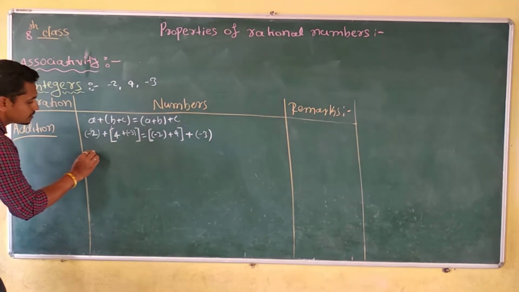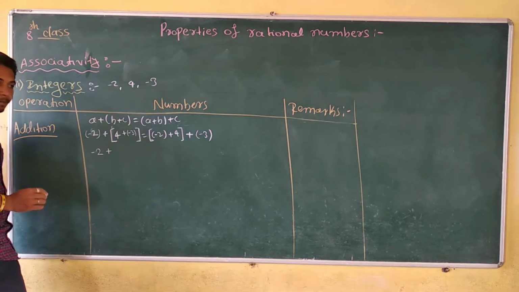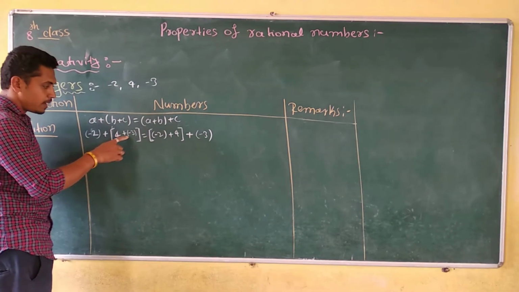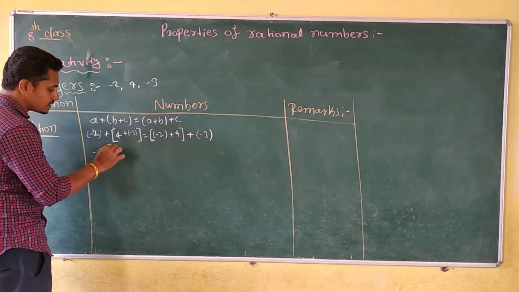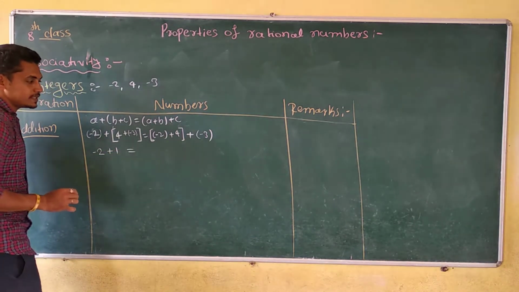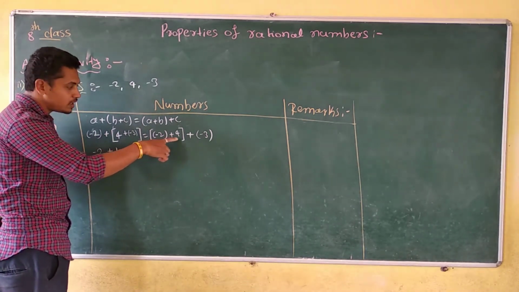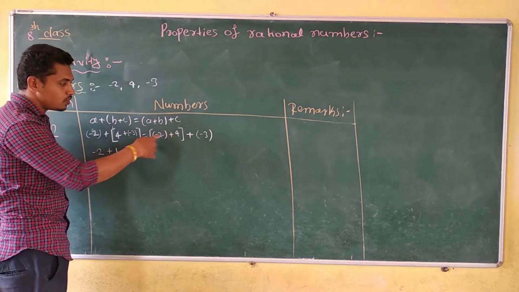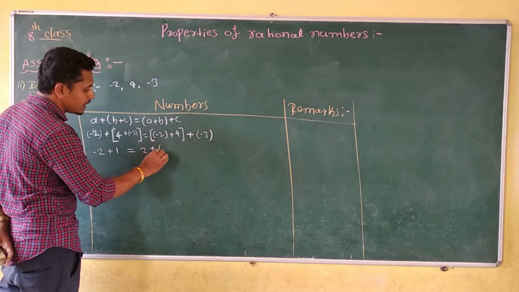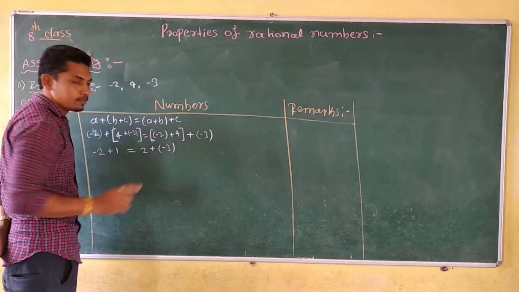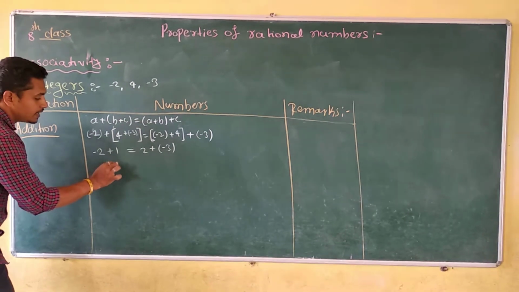See here, -2 plus (4 minus 3), 4 minus 3 is 1.